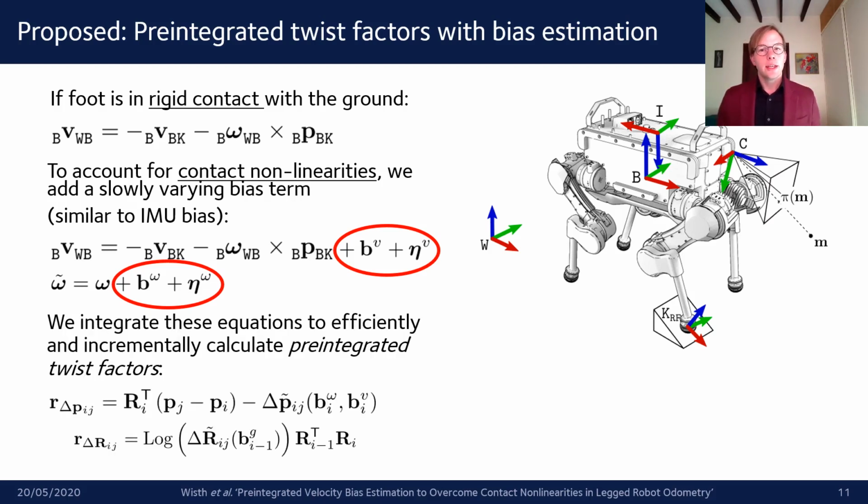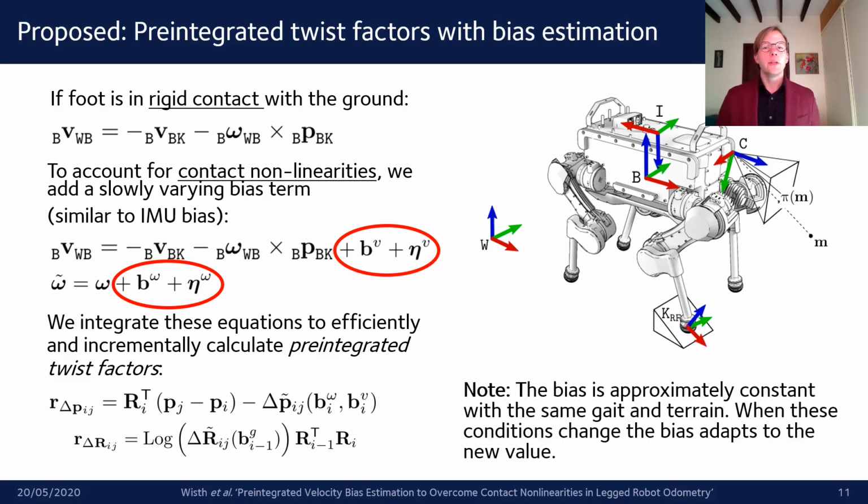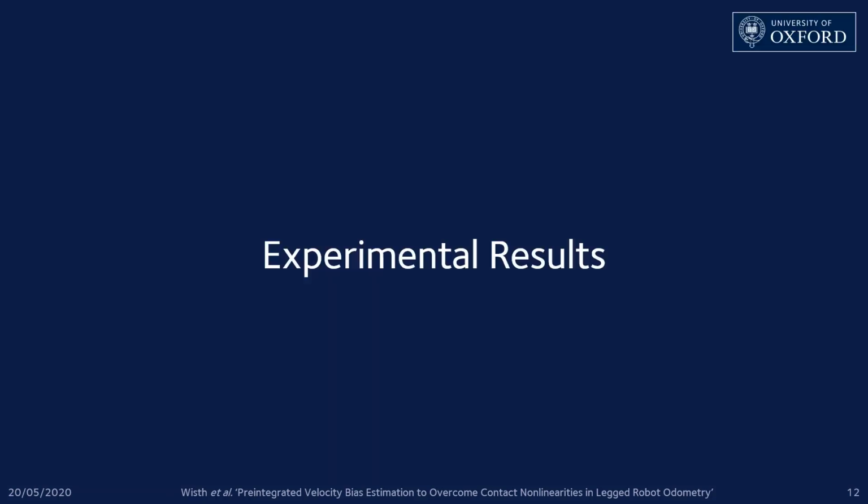We then integrate these equations to come up with an efficient and incremental way to calculate pre-integrated twist factors. Now, it should be noted that for a particular gait and terrain type, the bias is approximately constant. As the gait or terrain changes, the bias will slowly adapt to the new optimal value.